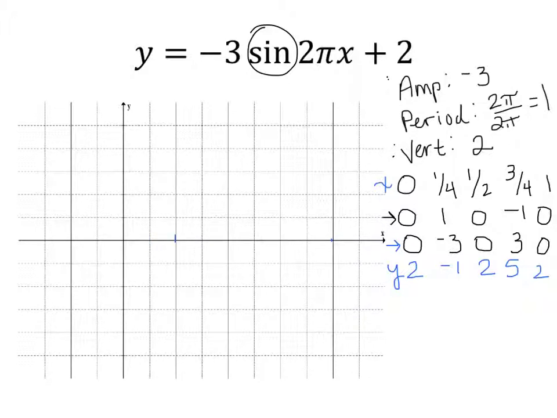So if this is a half, that's 1, that's 3/2, that's 2. Here we've got -1/2, and back here we've got, my pen won't go all the way over there. You've got -1.